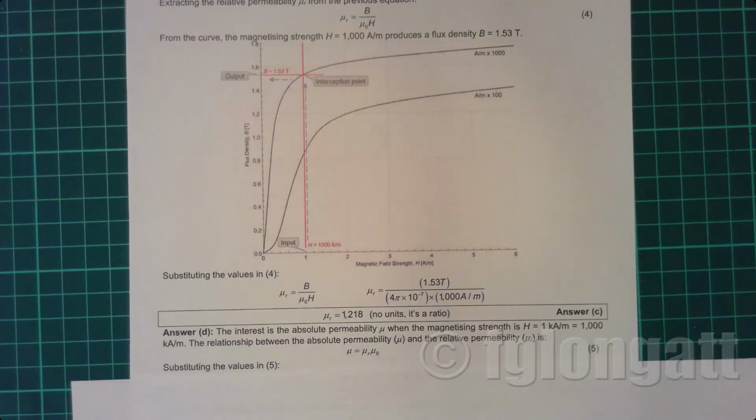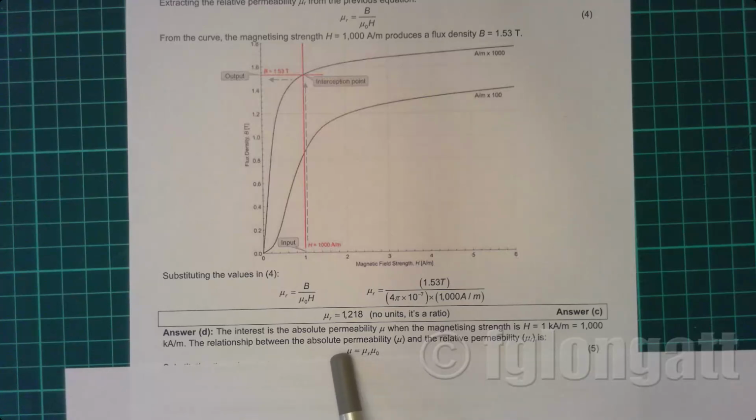We don't have units when we are using the relative permeability. One of the reasons is that the relative permeability is a number that, when you multiply it by the permeability of the vacuum, we obtain the absolute permeability. In this problem, we have been asked about the value of the absolute permeability for 1000 amps per meter.